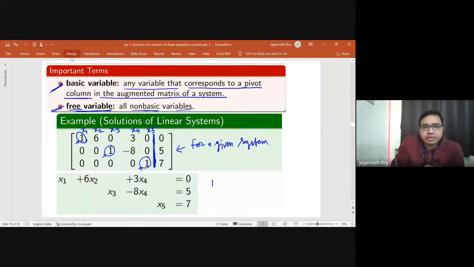So the basic variables, you can say, are x1, this is the first column, then we have x3, and we have x5. And the free variables or non-basic variables are the other two, x2 and x4.